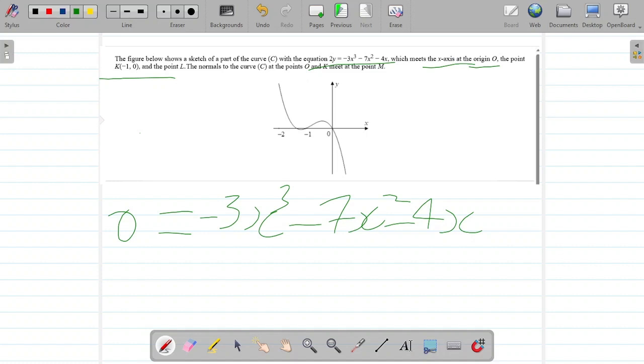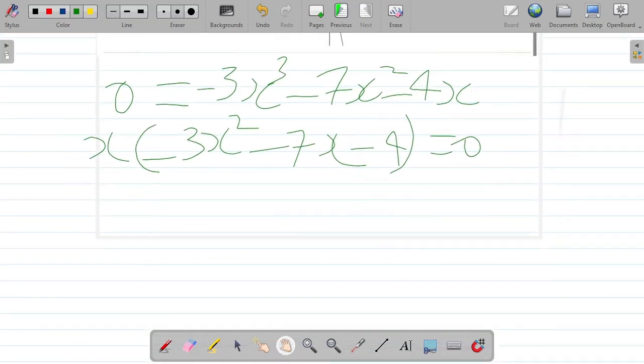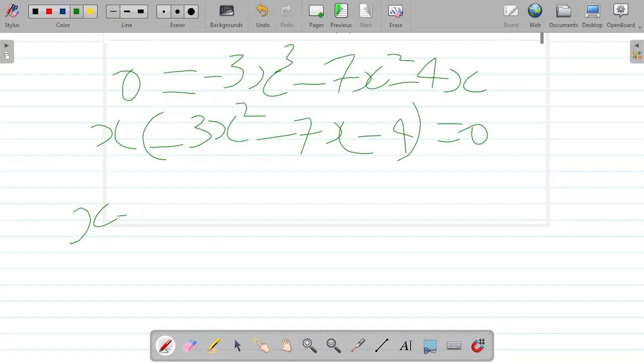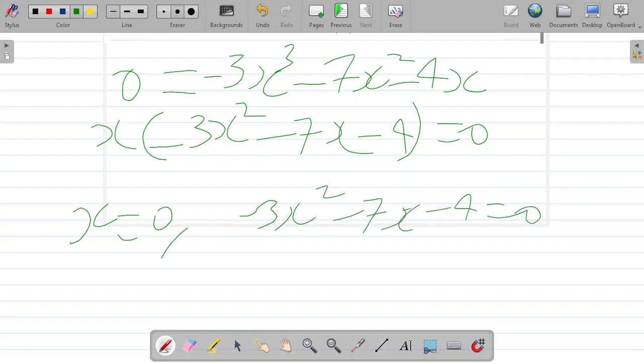Factor the x out, and you get x times negative 3x squared minus 7x minus 4 equals 0. So x is 0, and negative 3x squared minus 7x minus 4 is equal to 0. Now you can use the calculator for this, or you can factor it.